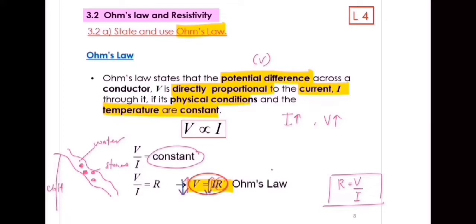So we can use the analogy where the cliff is the potential difference. When the cliff is more steep, the water would flow faster, or the water current would be higher. The water current would be the current.